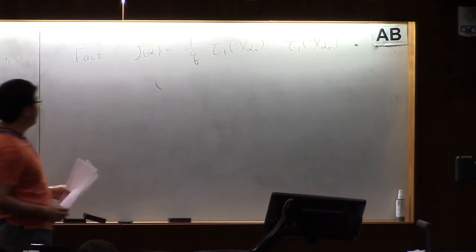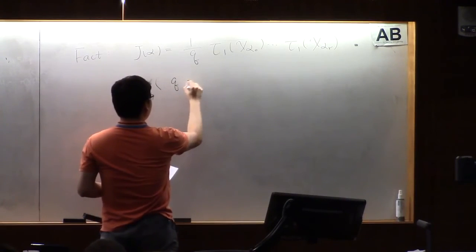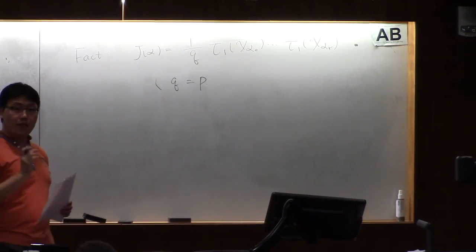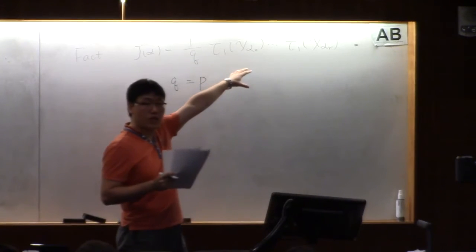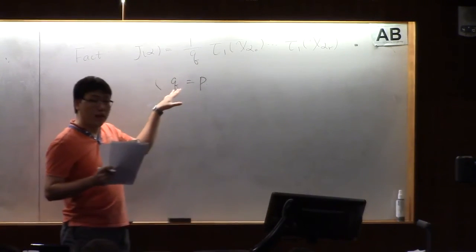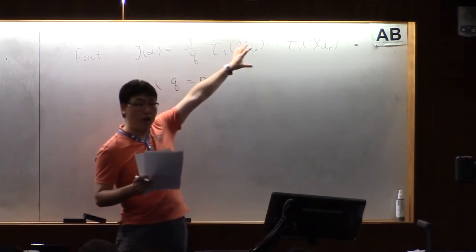But actually there is an ambiguity, because at the very beginning of today's lecture, I only defined the Gauss sum for characters modulo p. And if q is equal to p, then we have this equality.